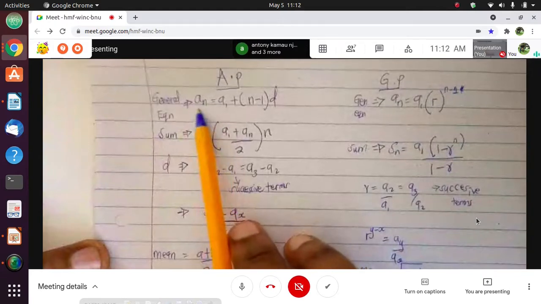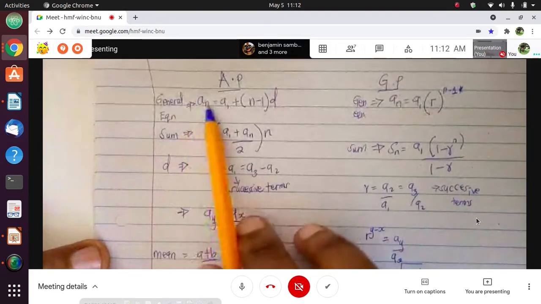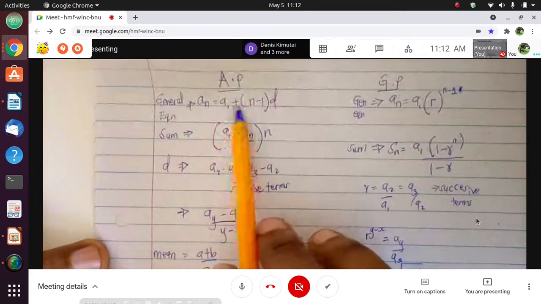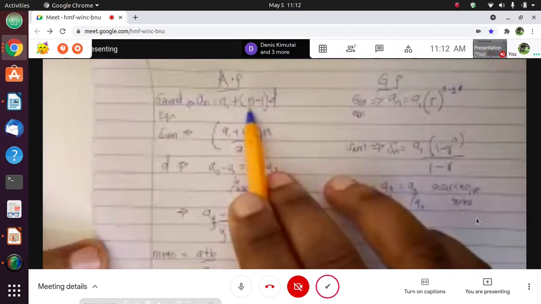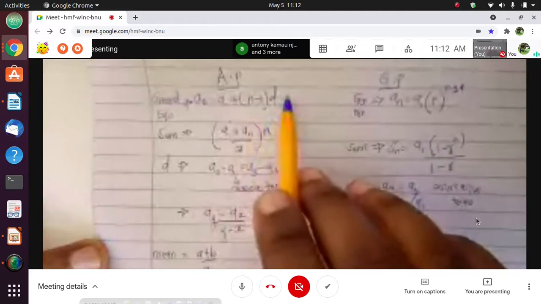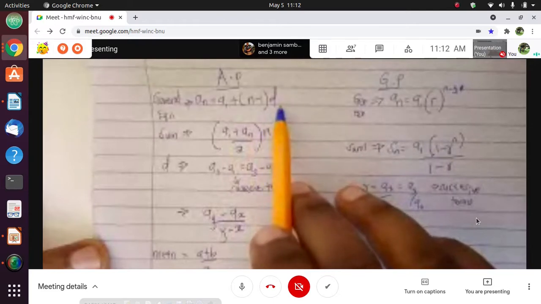So for an arithmetic progression sequence, a certain term an, the nth term, is given by a1. A1 is the first term in that sequence, plus in brackets n. N denotes the number of terms, how many numbers you have in that sequence, minus 1, multiplied by d. D is the common difference. And we will see that in a few minutes.